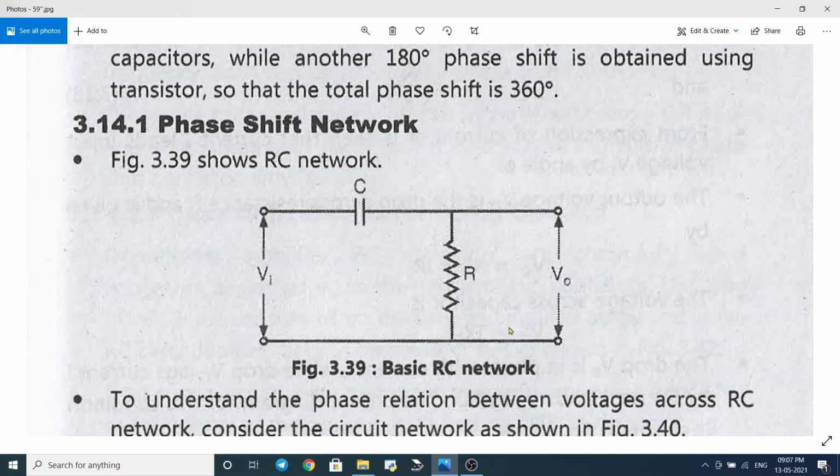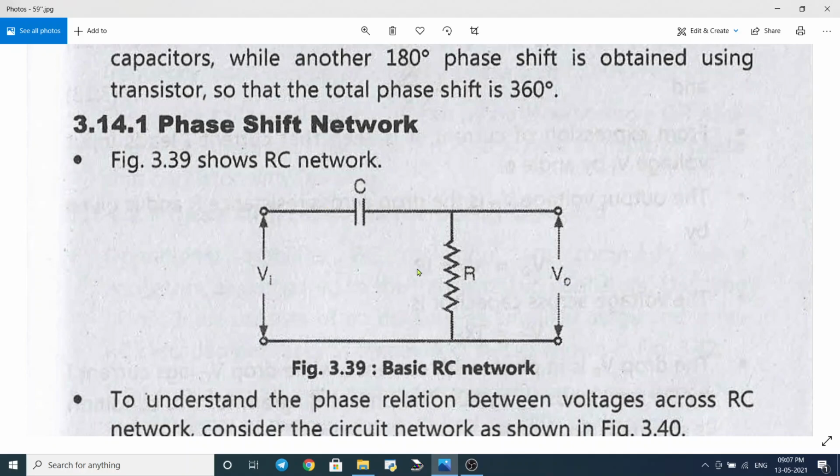Capacitor is at the input and resistor is at the output, or we may say the capacitor is in series with Vi and the resistor is in parallel with Vi and V0.